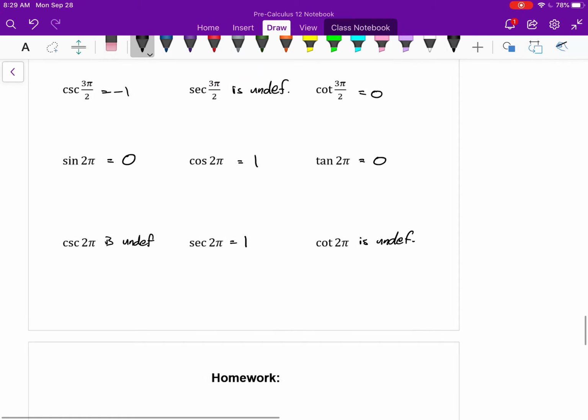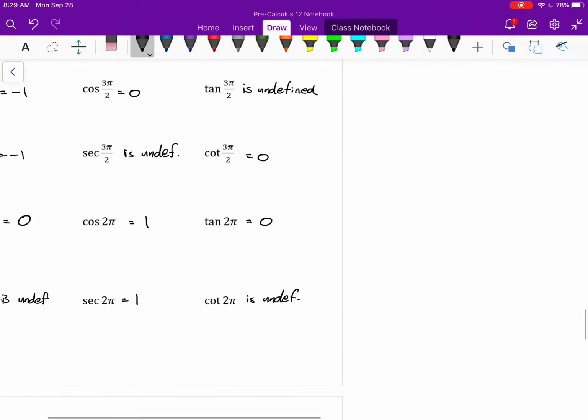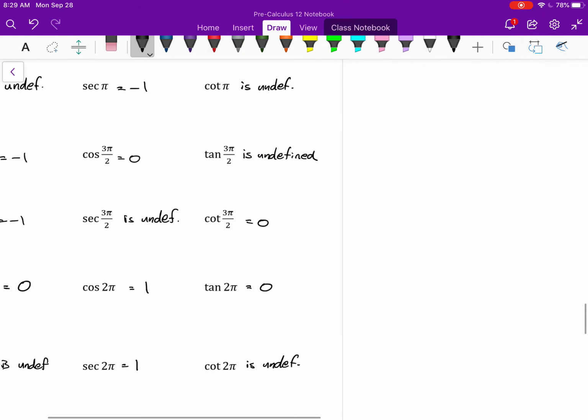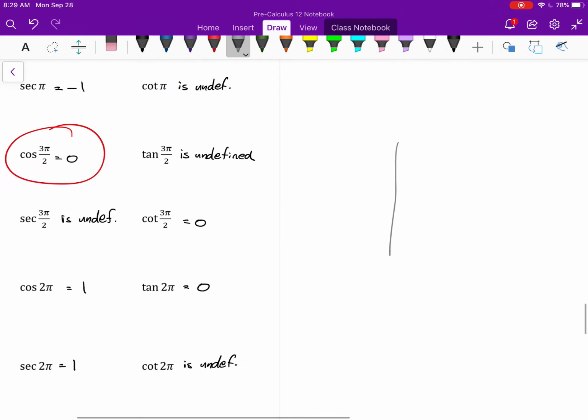So all these can be figured out, like I said. For example, let's pick cosine of 3 pi over 2. Imagine an angle in standard position. Visualize 3 pi over 2. It is an angle that goes around and stops directly right here. And for this, we're between quadrants. So you can figure out cosine of this by just picking a point on here. The good thing is you can pick any point, which is pretty easy because your x-coordinate is always going to be 0.